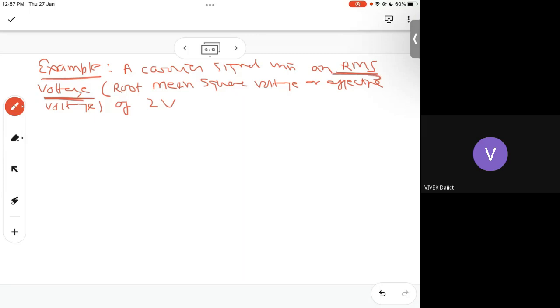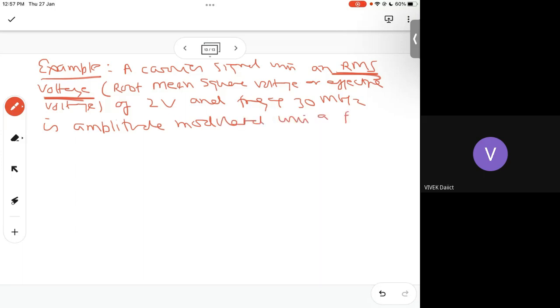I'm not talking about the peak volt, okay, and frequency of 30 megahertz is amplitude modulated with a frequency of 500 hertz. Obviously, it is quite small as compared to carrier frequency 30 megahertz, and maximum amplitudes.